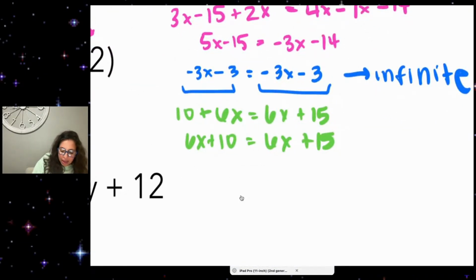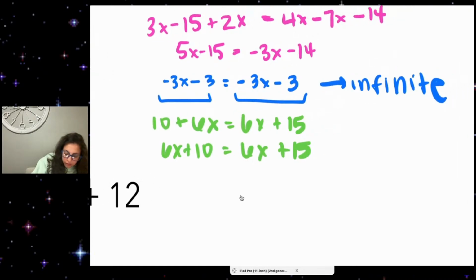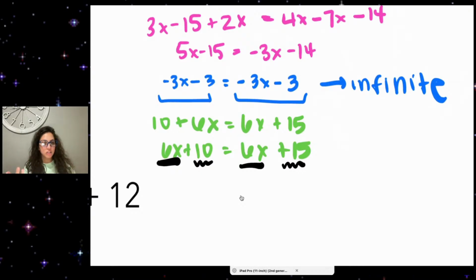Because if I have 6x and 6x on each side, then this part should also match for us to be able to have a solution. But if I have 6x plus 10, is that ever going to equal 6x plus 15?